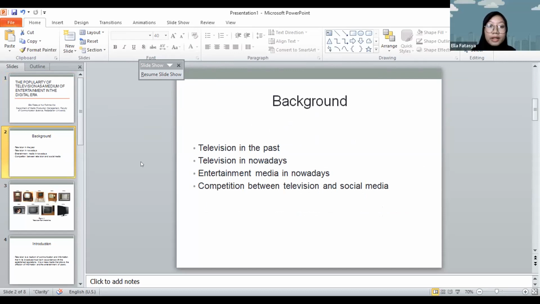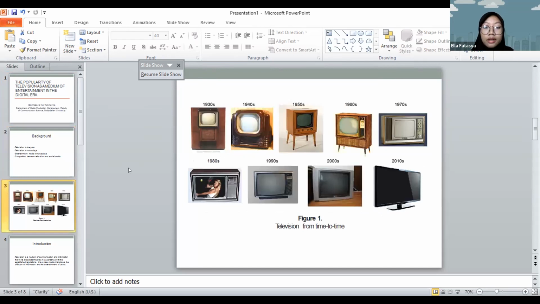This is my background. My background is about television in the past, television nowadays, entertainment media nowadays, and competition between television and social media. Here is a picture of television from time to time.